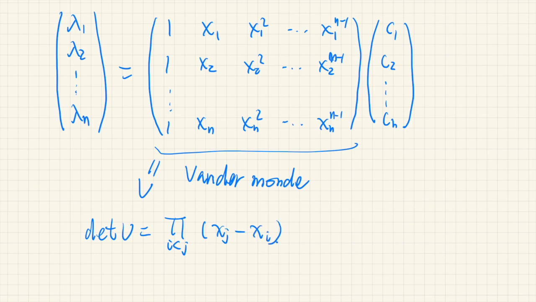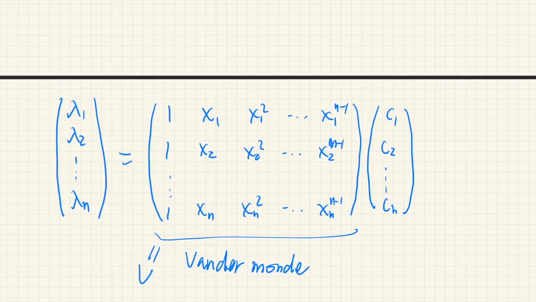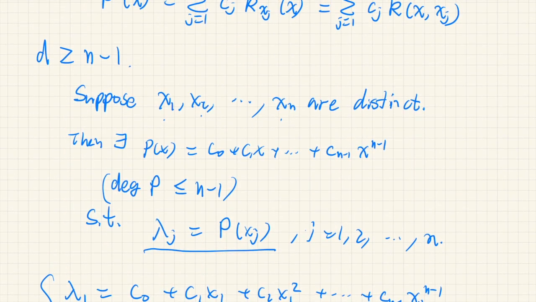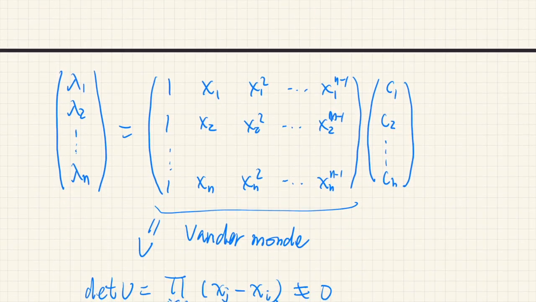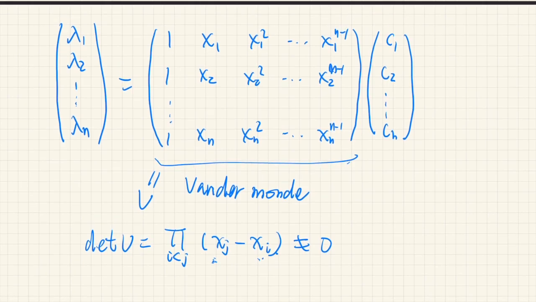So it's the product of the differences between two different values of x's. Okay, so this is non-zero if all the values of xi's and xj's are distinct, which is actually our assumption here. So this matrix is invertible, and therefore the solution to these simultaneous equations exists.